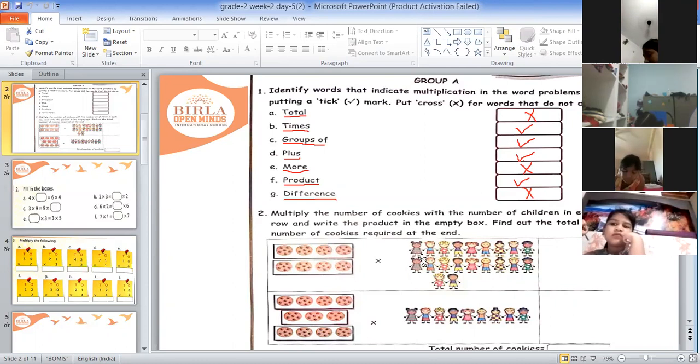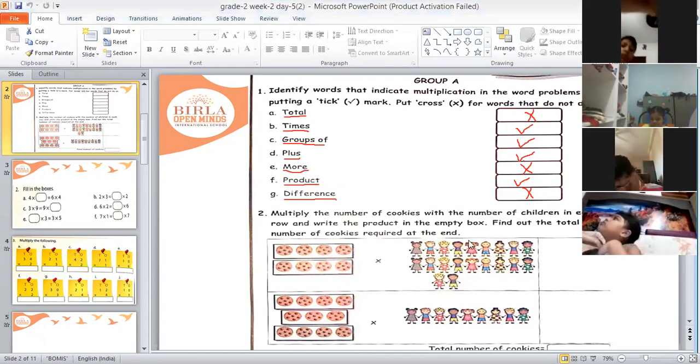We'll start counting the number of children. 1, 2, 3, 4, 5, 6, 7, 8, 9, 10, 11, 12, 13, 14, 15, 16, 17, 18, 19, 20. So there are 8 cookies and 20 children.